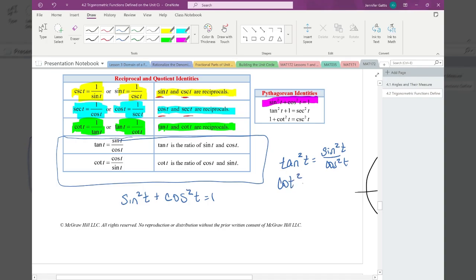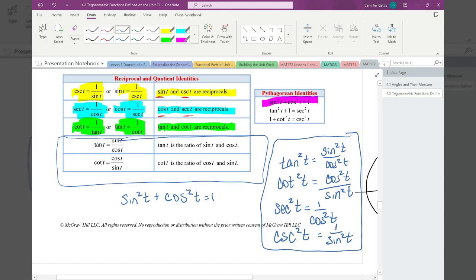Cotangent squared is going to be the same as cosine squared over sine squared. Secant squared is 1 over cosine squared. And cosecant squared is equal to 1 over sine squared. I would like for you to use these and manipulate this equation into the tangent and the cotangent one.